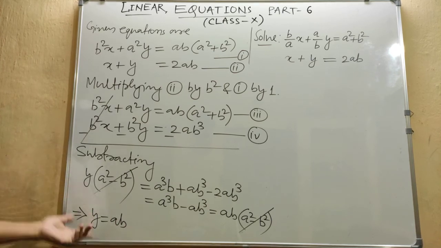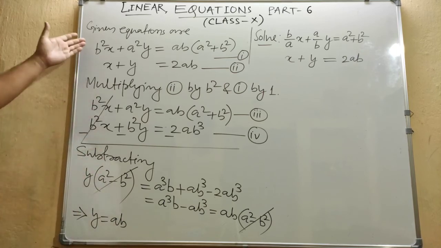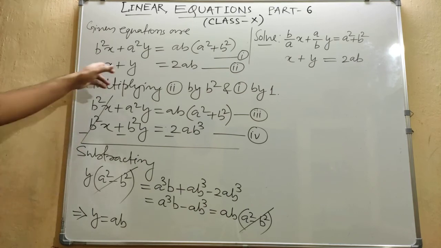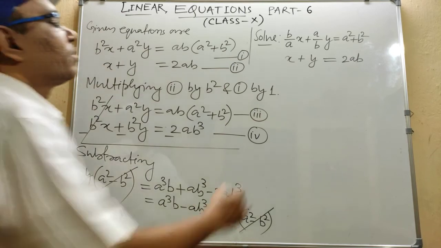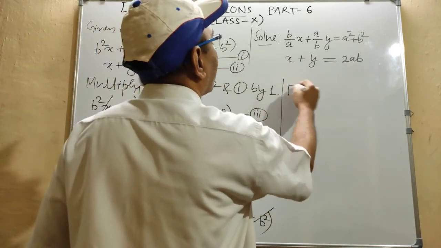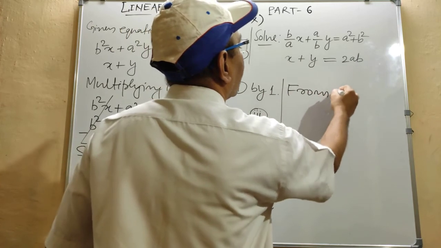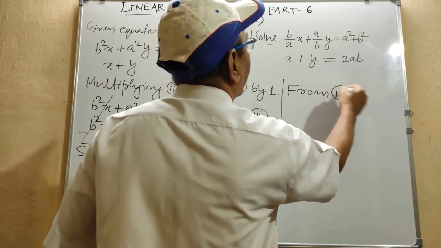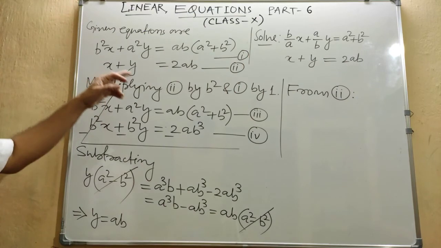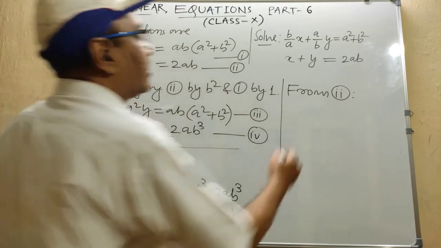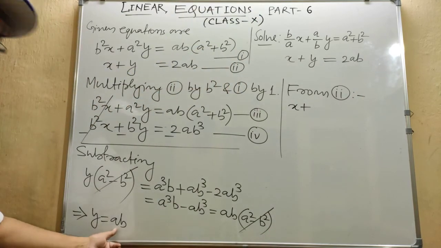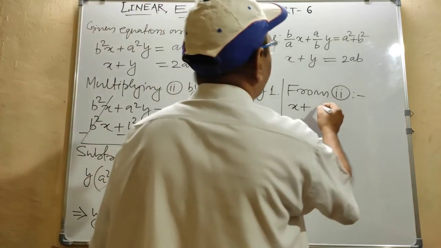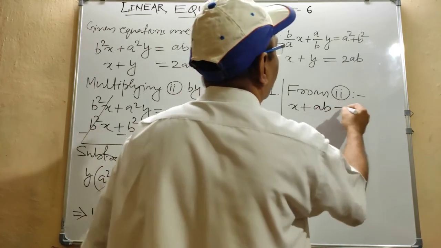Now by substituting this value of y either in 1 or in 2, we can get the value of x. It will be easier if you substitute in 2. We can substitute either in 1 or in 2, but it will be easier to calculate x from equation number 2. x plus y, in place of y we write ab, equal to 2ab.